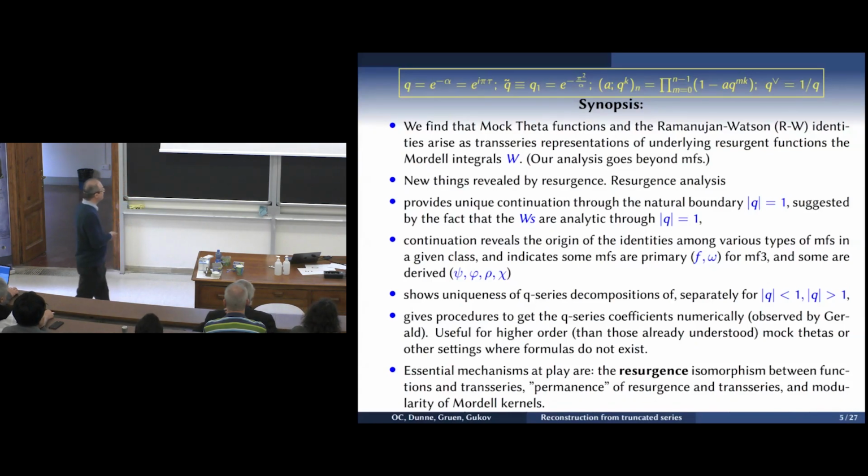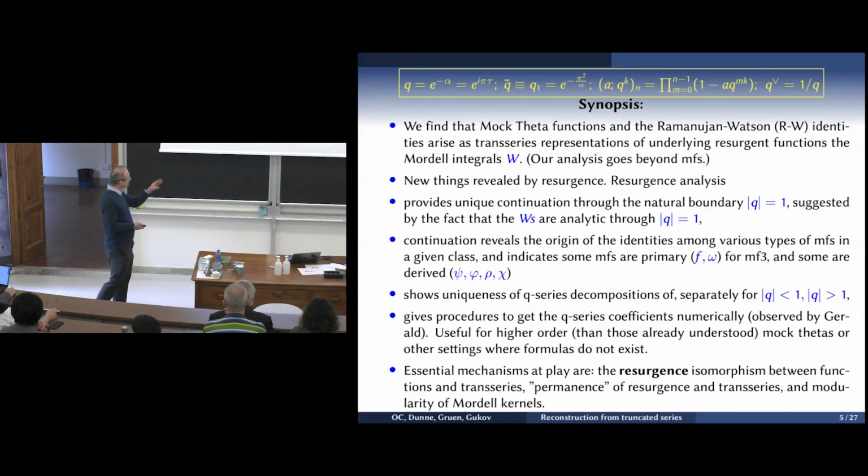It's useful to get this kind of information when you don't have formulas and in other cases. And the essential mechanisms at play are resurgence and this robustness. In fact, it's permanence. And if I speak of that, I'm speaking by analogy with permanence of relations in analytic continuation. So a similar permanence of relations applies to resurgent functions.